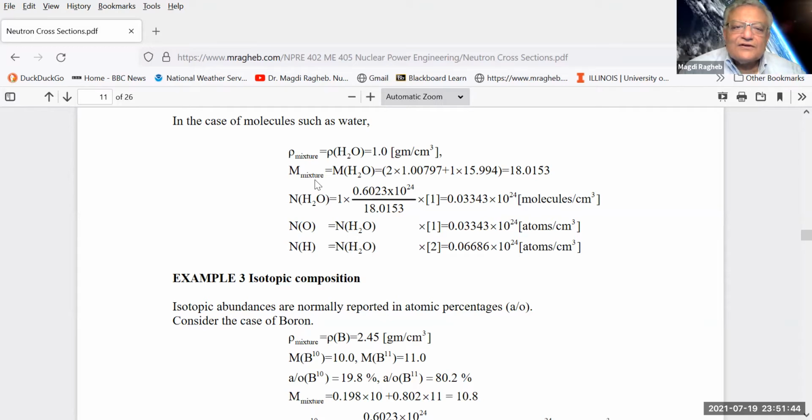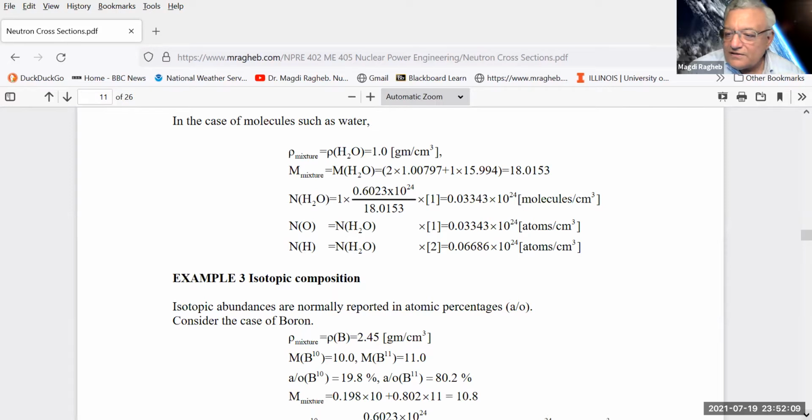So in that case, you take the number density of water and multiply it by 2 to get the number density of the hydrogen. And the interesting thing, of course, is that oxygen has a different cross section than hydrogen. But when you calculate the product of N and the microscopic cross section, you do it for both of them and then add them together.